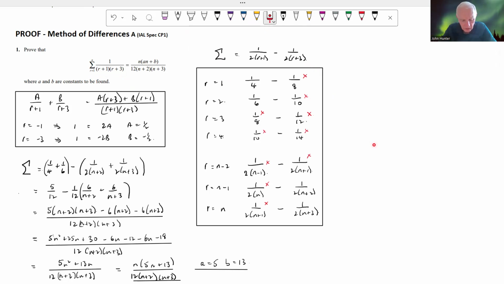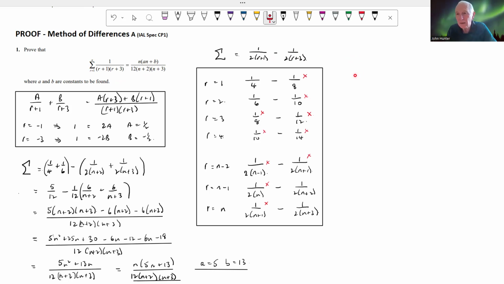In general, it is possible to always write this kind of thing as a difference of two terms, and as such, we would be able to use the method of differences. However, it's not always very easy or practicable to do so.